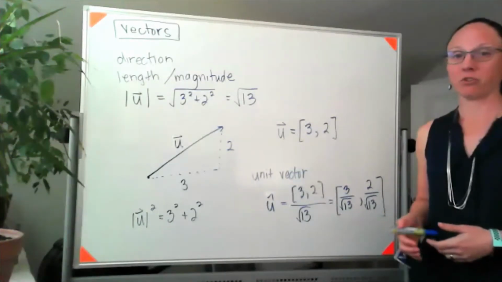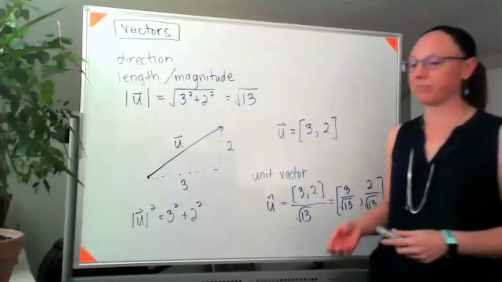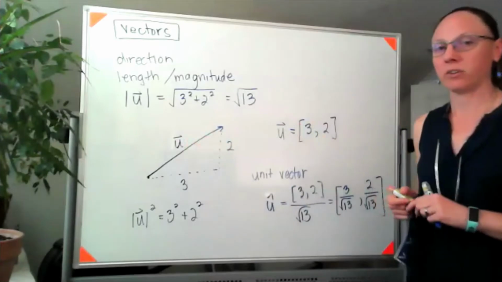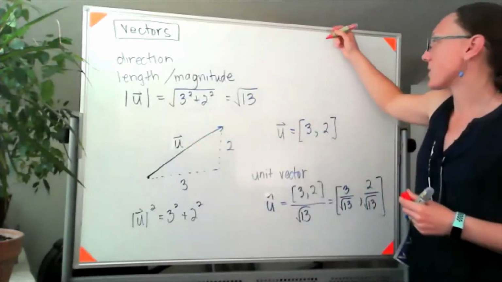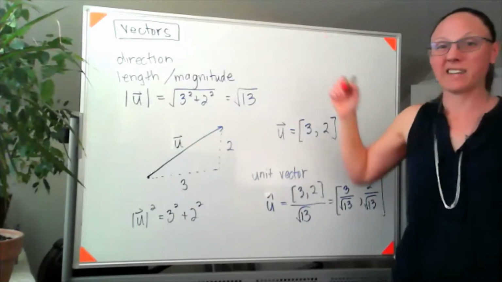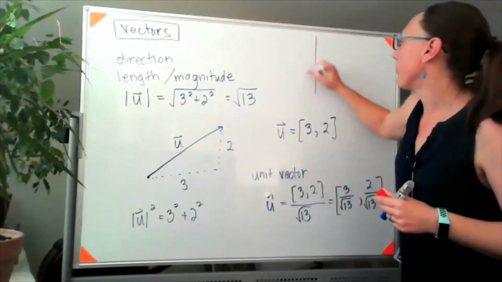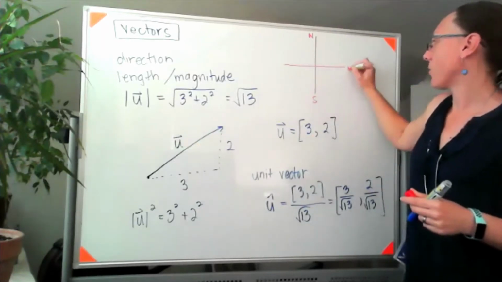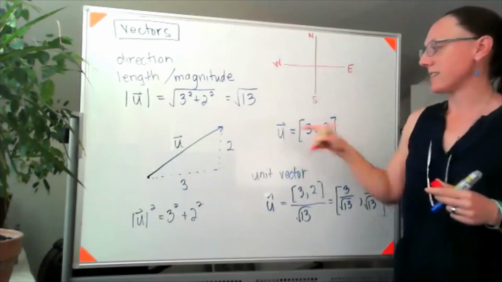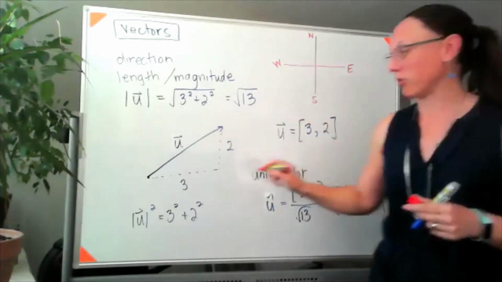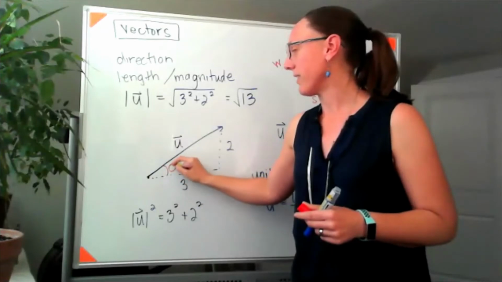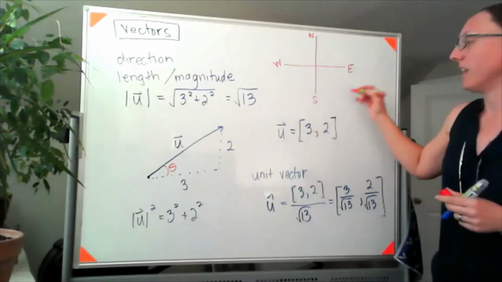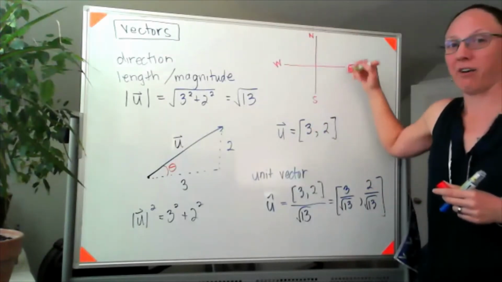Another way that we might think about direction is with angles. So in a physicsy context, I might talk about the direction of u as we often use north, south, east, west. So if I'm looking at north, south, east, west, and I think about that unit vector u, then I can come up with this angle right here and talk about u as being that many degrees north of east.